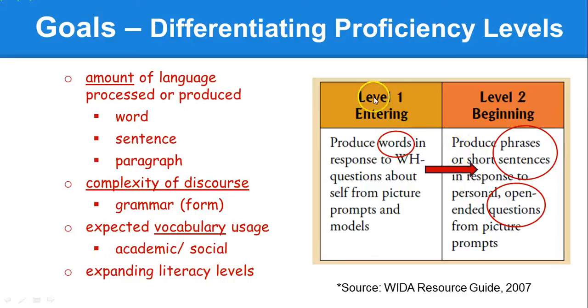So, for example, an A1.1 student would be working at the word level, and later on an A2 level student would be working with a phrase or sentence level and more open questions. So that's how you can see the rising expectation in their competencies. And this comes from the WIDA resource guide, but it parallels very well with the Common European Framework levels as well.